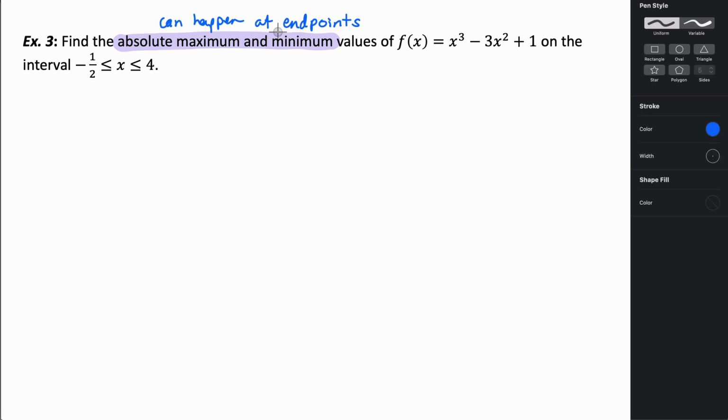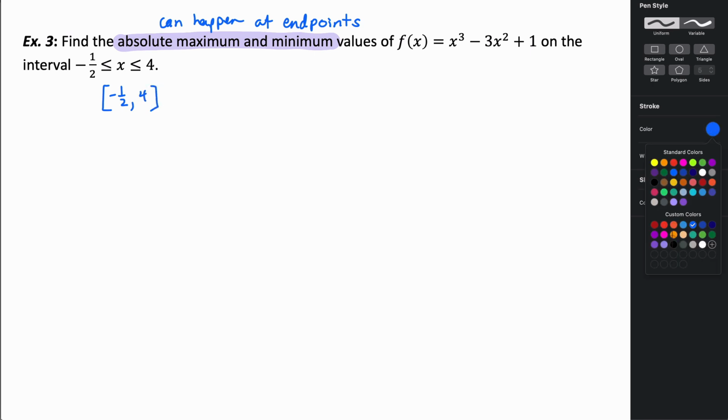Local cannot. So when we're evaluating this, we want to know where is the derivative 0 or undefined, what's the value there, and then also we need to check the endpoints because we're looking at some closed interval here. Basically this is telling us it's defined on the interval from -1/2 to 4. Okay. This curve here, I know it behaves nicely.